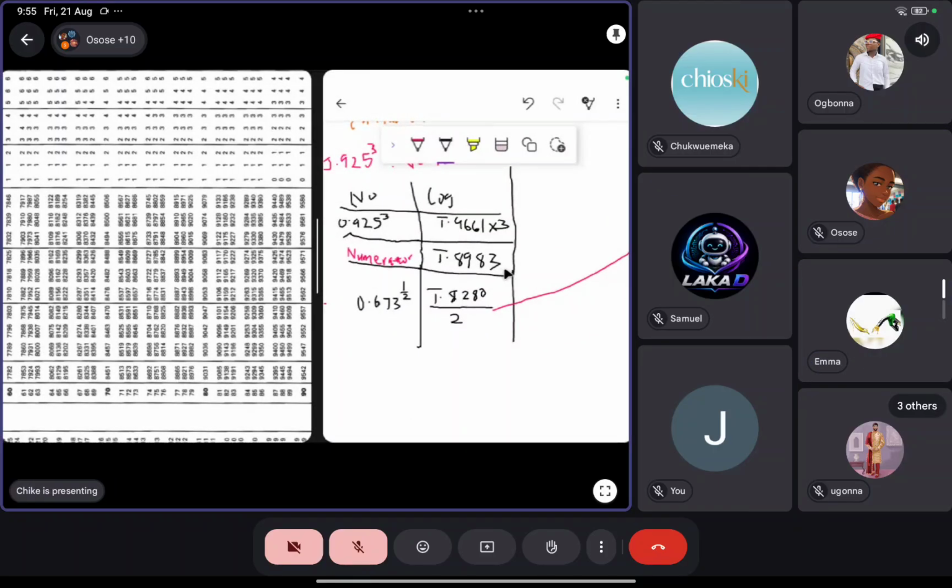In this numerator here, we had bar 1.8948983, then divided by, which you change to minus. Now, what did this one give me in my denominator?